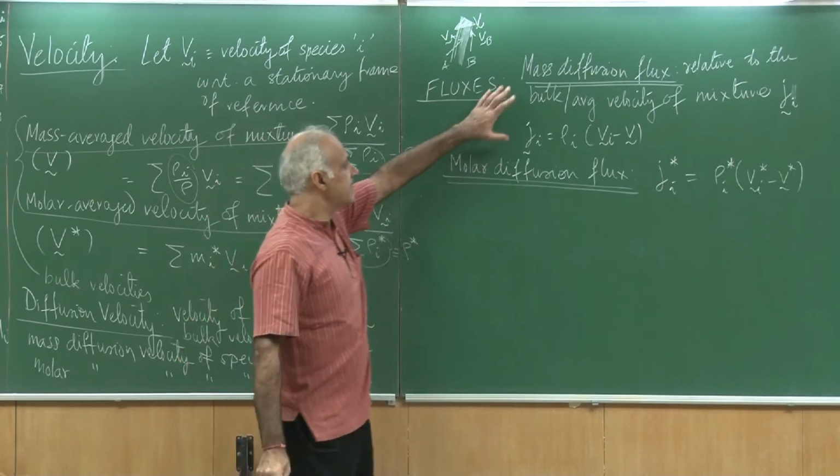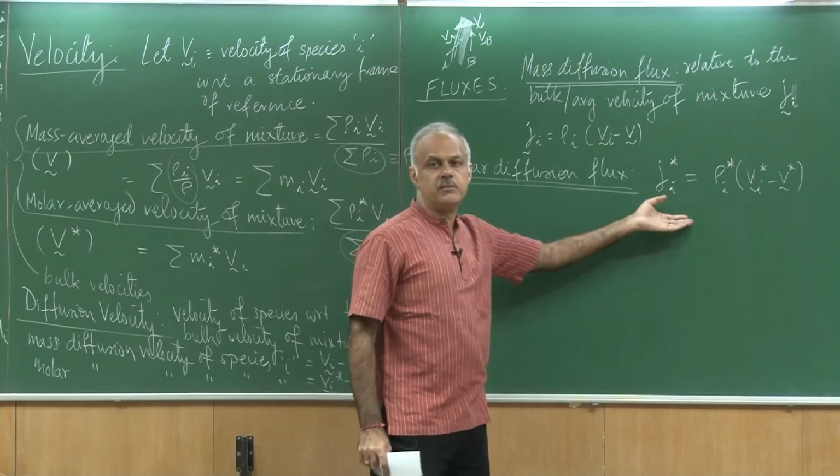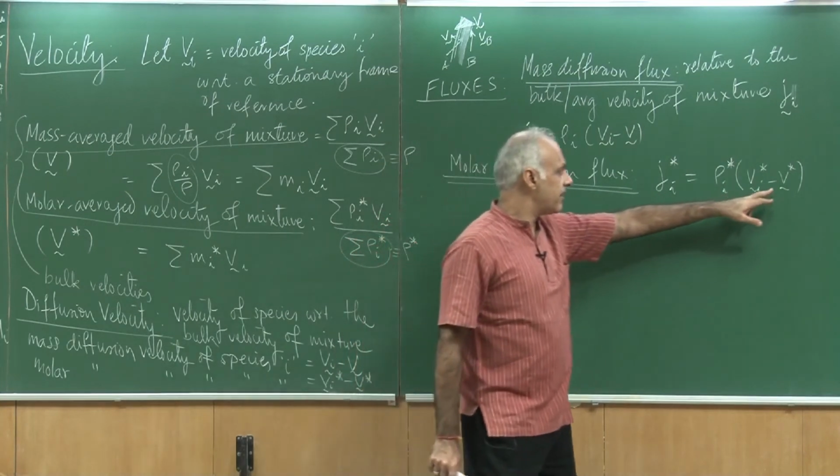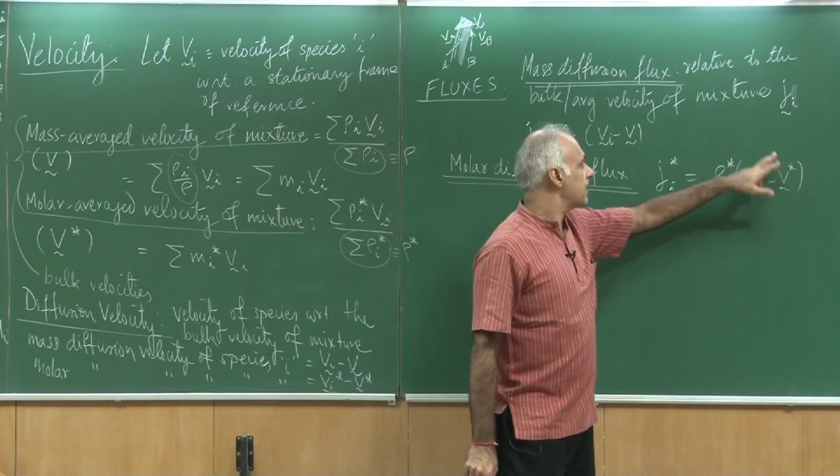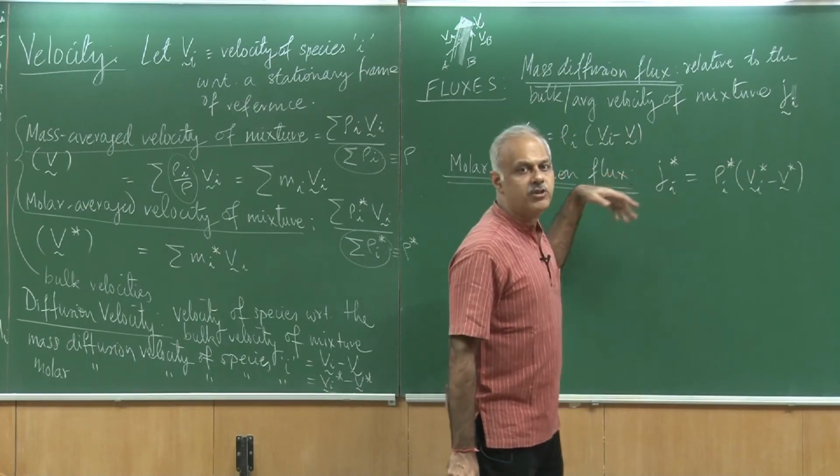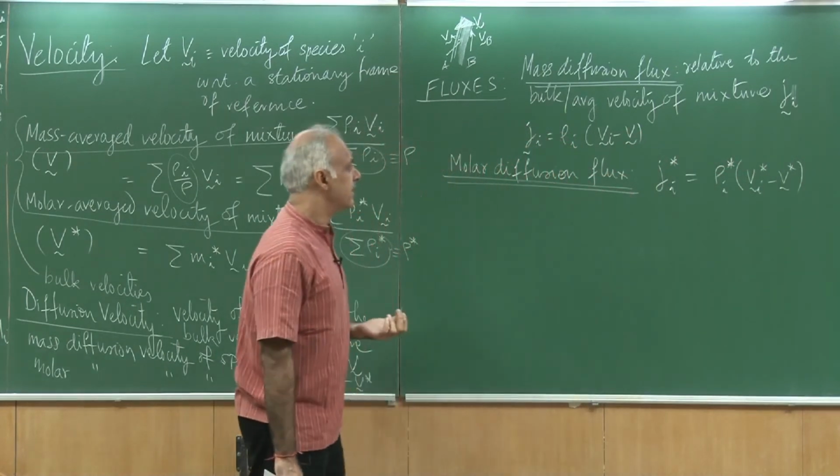So one I can say is a mass flux and the other is a molar flux, and because they are with respect to the bulk of the mixture, therefore they are some kind of a diffusion flux.